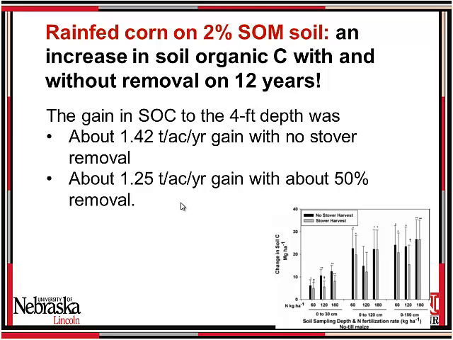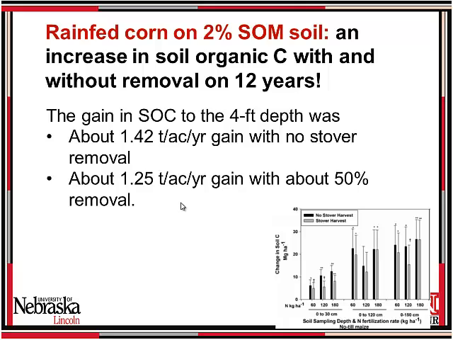With no removal, the gain was a little bit more, about 1.42 tons per acre per year in soil organic matter, compared to 1.25. So it tells us that with some soils, even with harvest, we can continue to improve organic matter. But these are soils that are a bit low for some historical reason, such as erosion in this case.